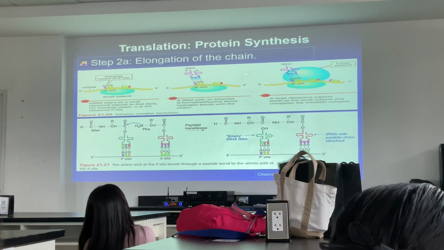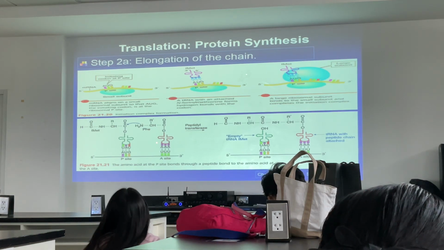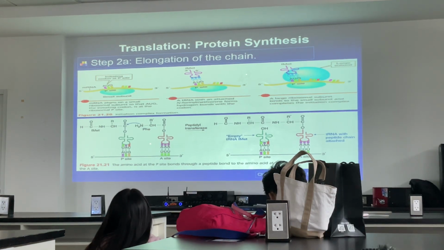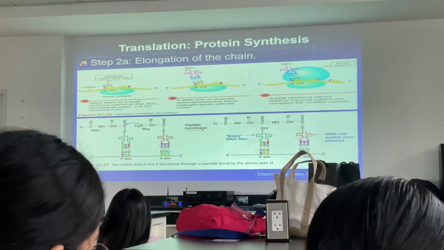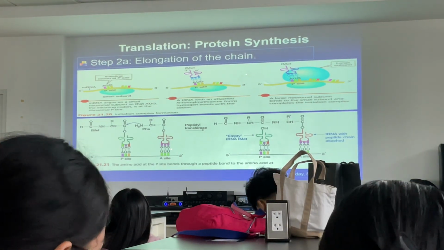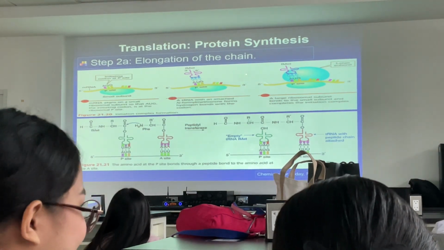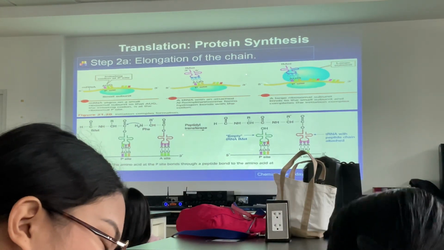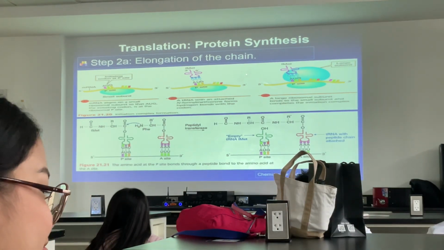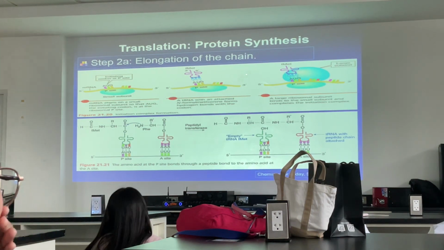So if the codon of the mRNA is UUU, the anticodon in the tRNA will be AAA. And a hydrogen bond will be formed between the three nucleotides. And UUU calls for phenylalanine. So that's the way how tRNA will bring the correct amino acid during protein synthesis.